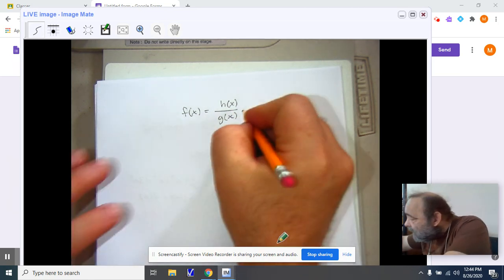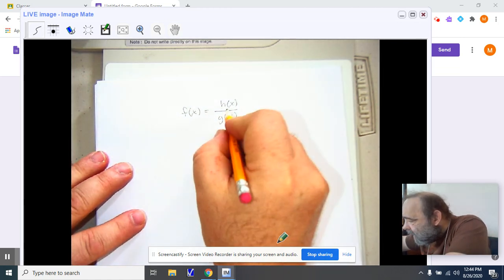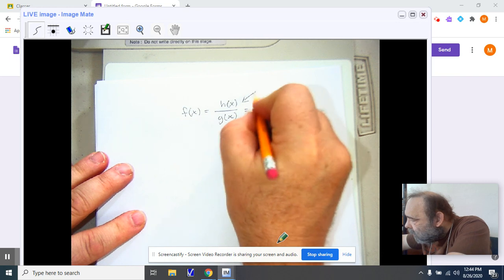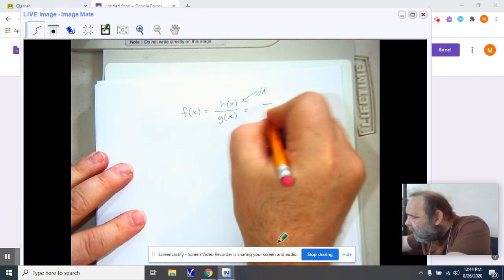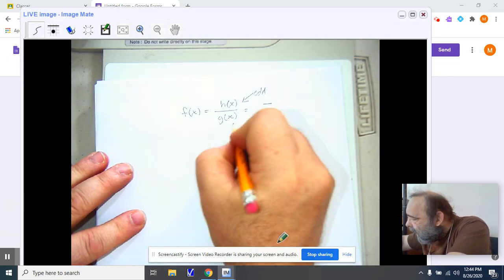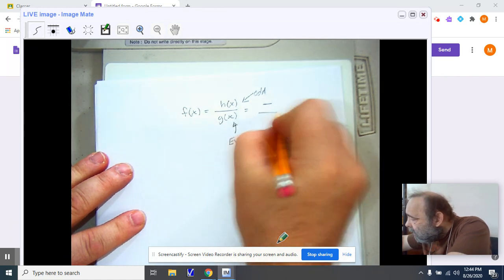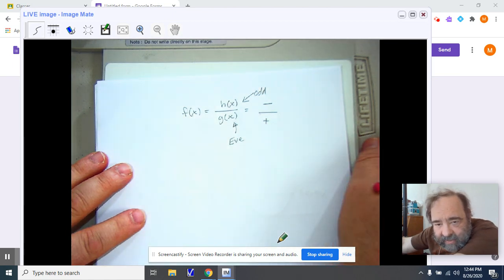So if that's the case, then I can look at the odd function in a numerator as being equivalent to a negative, and an even function in a denominator can be represented as a positive.